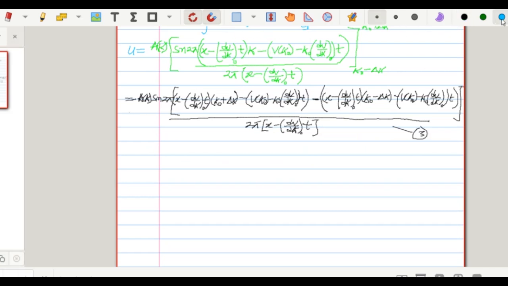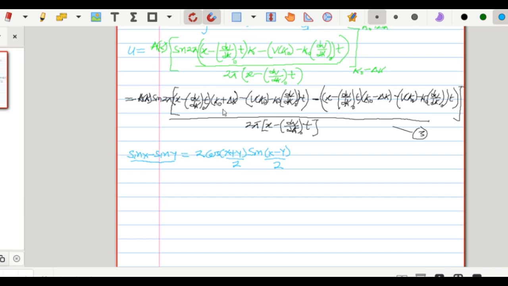So from trig identity, when you have sine x minus sine y, this is the same thing as 2 cos of (x plus y) over 2 times sine of (x minus y) over 2. So comparing this left hand side with what we have here, we see that we have sine 2 pi here, and if you open this bracket, this will be sine 2 pi x and then minus sine 2 pi y.